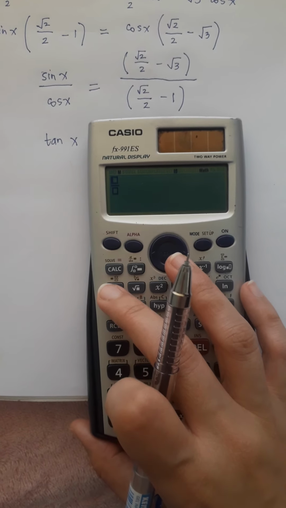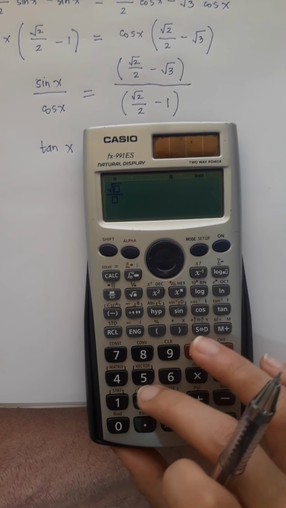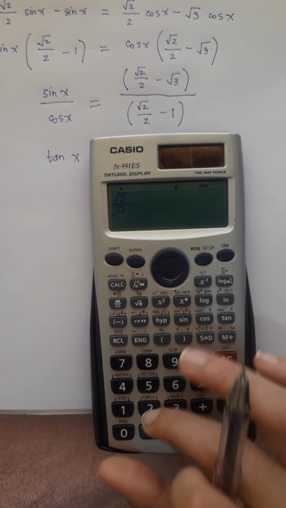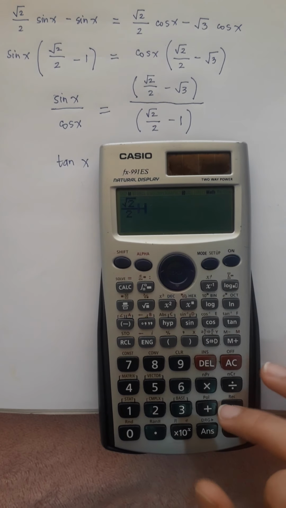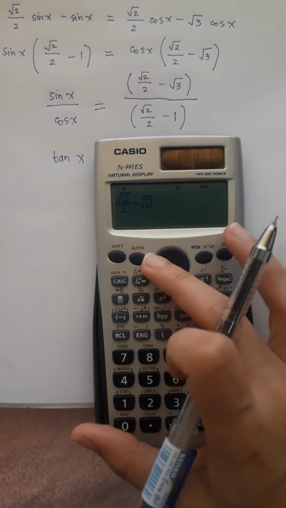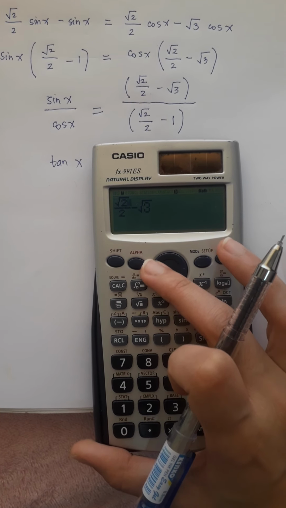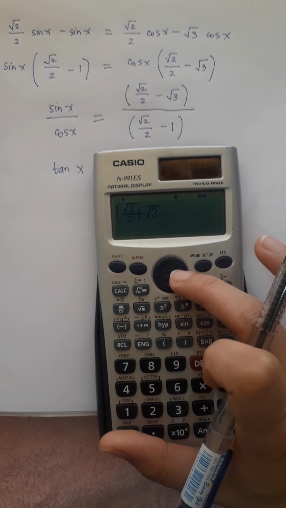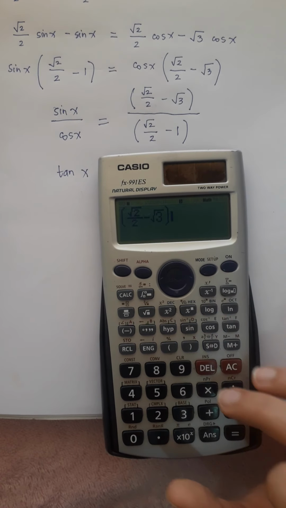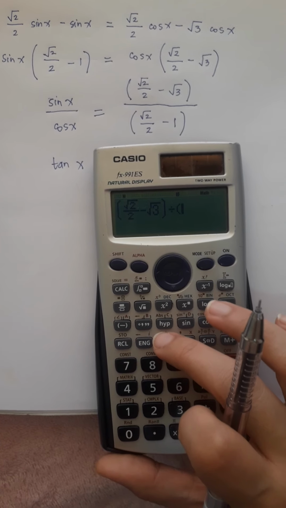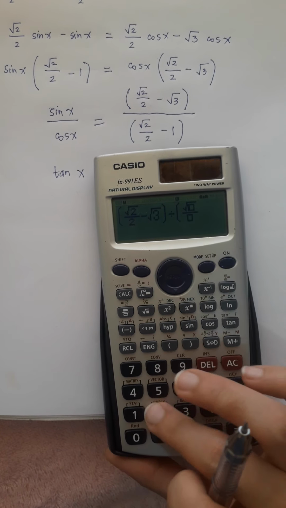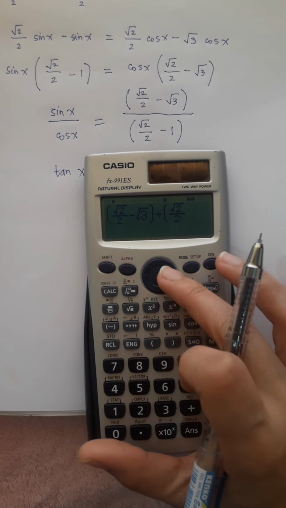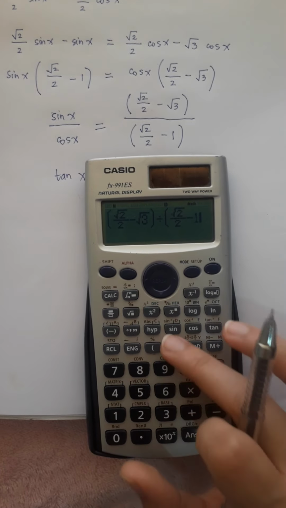So, I have square root of 2 over 2 minus the square root of 3. I'll put all of this in brackets, divided by square root of 2 over 2 minus 1, also in brackets.